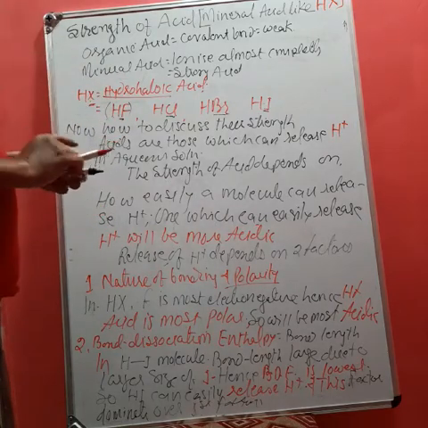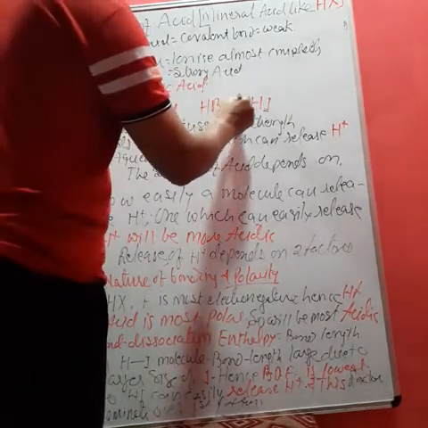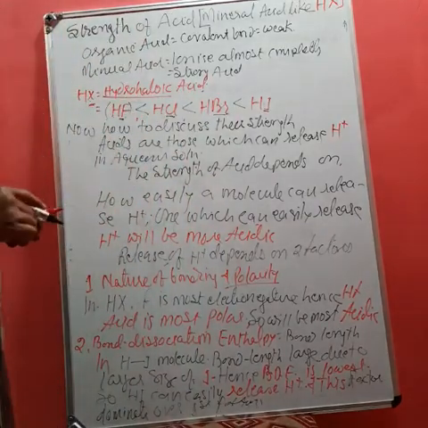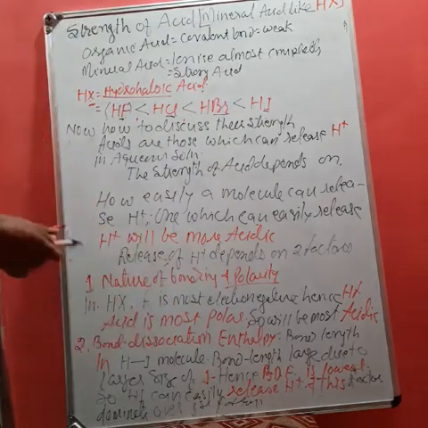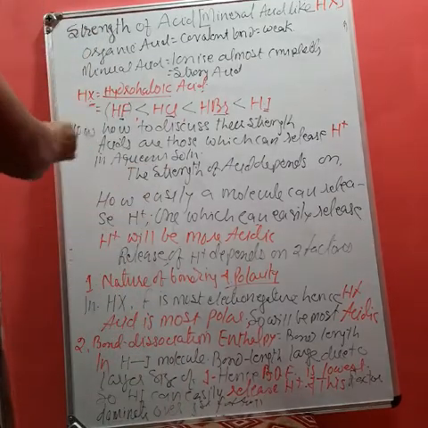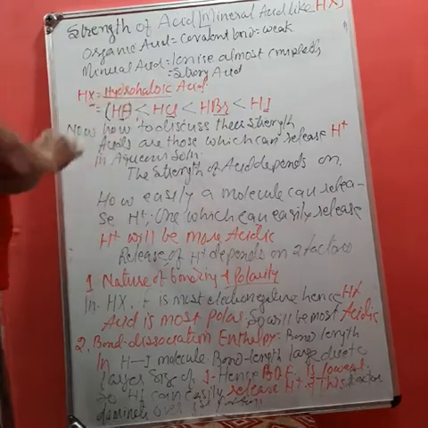Therefore, the order of acidic strength will be: HI will be most acidic, then HBr, then HCl, and then HF. So, although HF is most polar, the other two factors, which two factors? Bond dissociation enthalpy and the nature of bond, that is what? Intermolecular attraction force, it forms hydrogen bond.